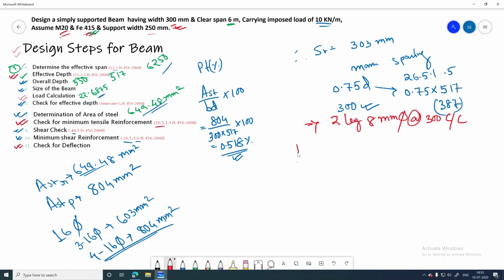So for that we determined L by d equals modification factor into 12, right? Now to determine this modification factor, we consider figure number 4 in the IS code, and there is a concept of Fs, right? So let's see that.